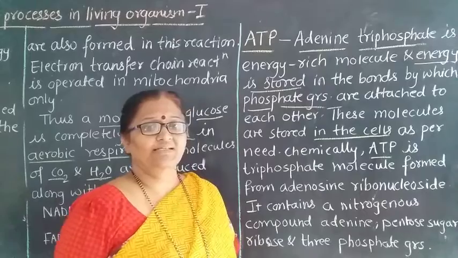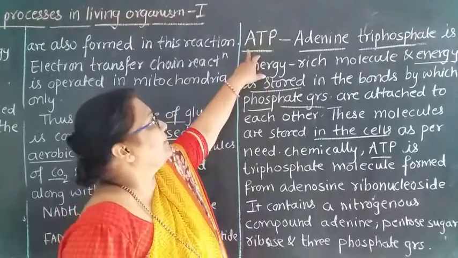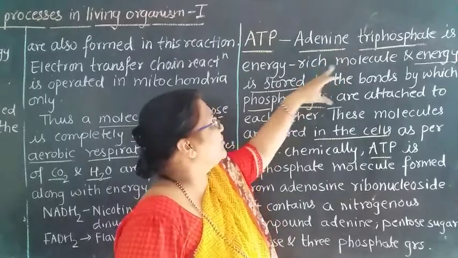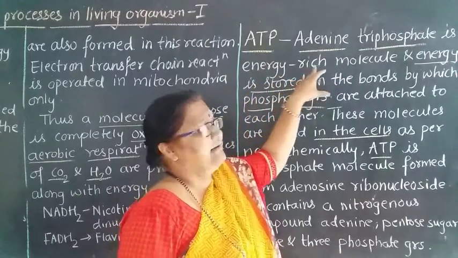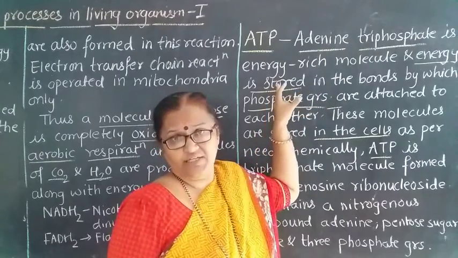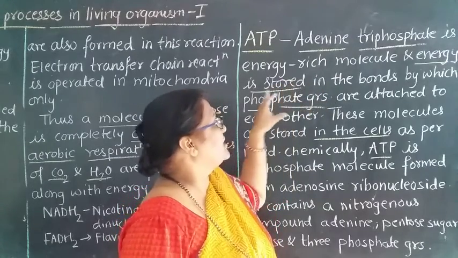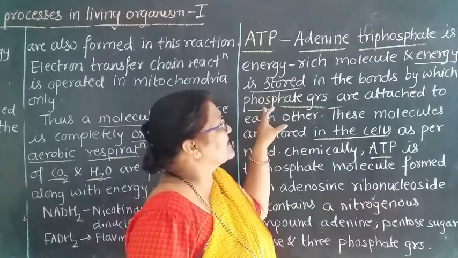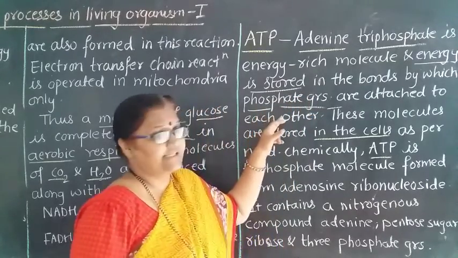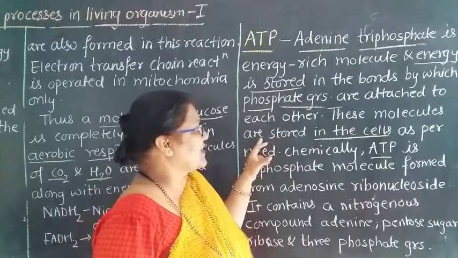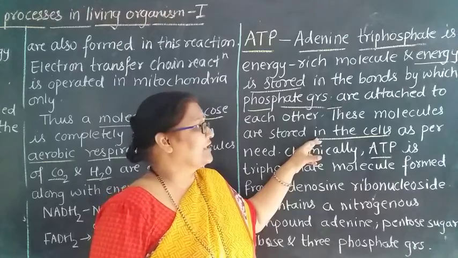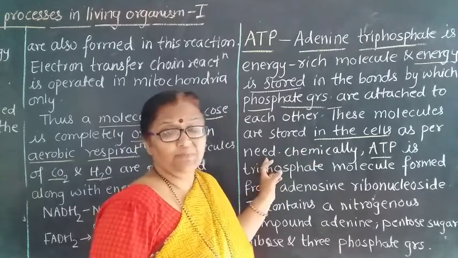Once again we will see ATP. ATP is adenosine triphosphate, an energy rich molecule. Energy is stored in the form of bonds by which phosphate groups are attached to each other. These molecules are stored in the cells and provided to the cells as per their need.